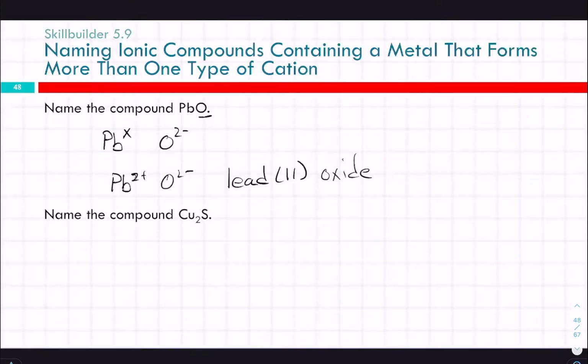We're going to be changing the ending of the monoatomic ions, so the ones that are made up of a single type of atom, to -ide. So it's okay if there's more than one oxygen. If there's two oxygens there, it's still one type of atom, so it's still oxide. If you wanted to figure this out using that formula, we could say that this plus this charge has to equal 0.